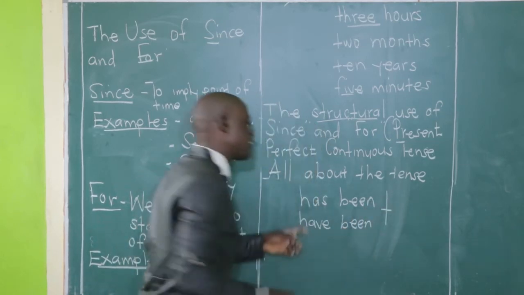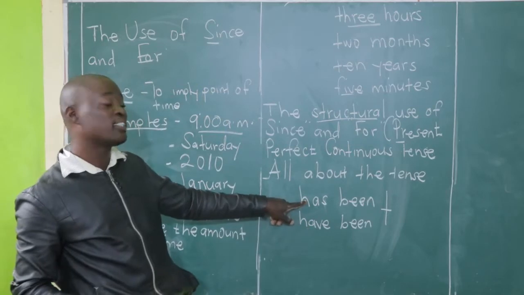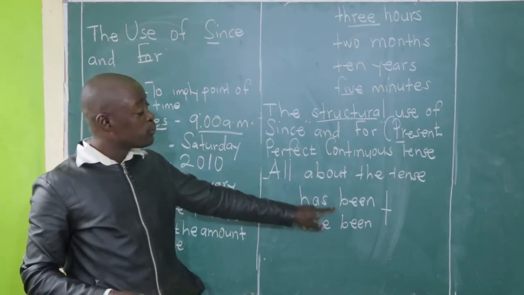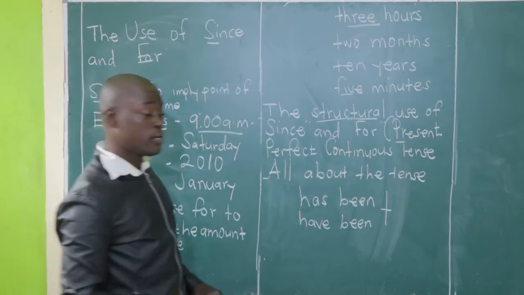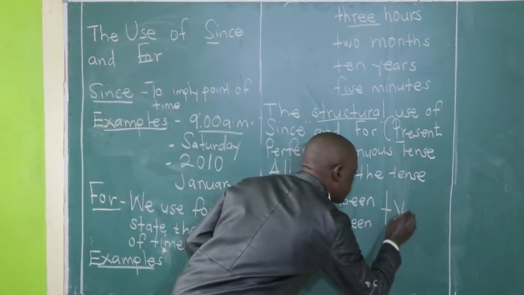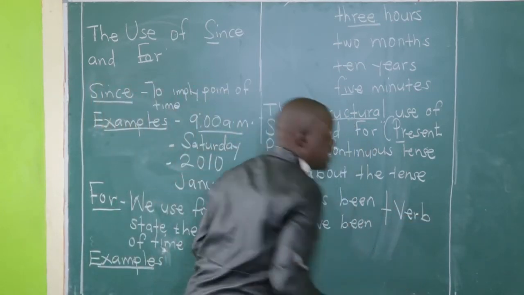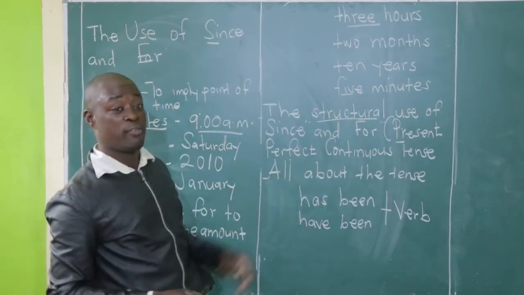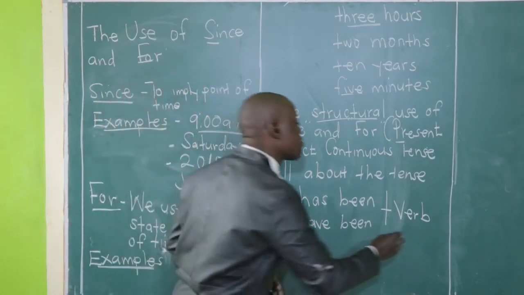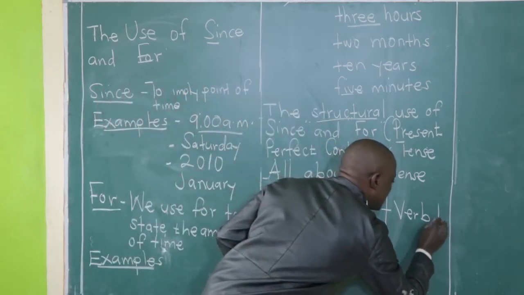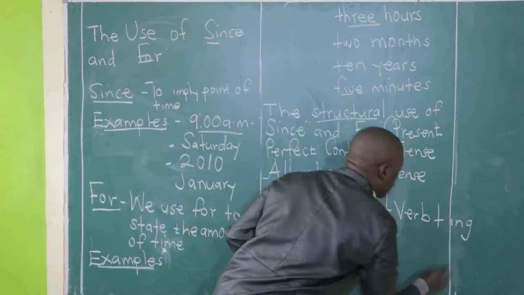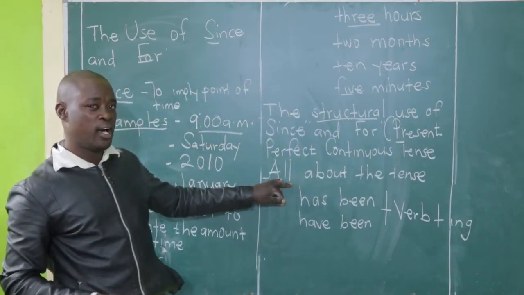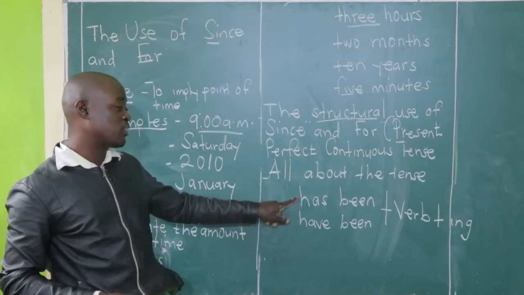And after using these two helping verbs, has for singular and have for plural, we shall use another helping verb which is been followed with a verb. And that verb, for us to be able to form what we call the present perfect continuous, shall have an ing ending on it.